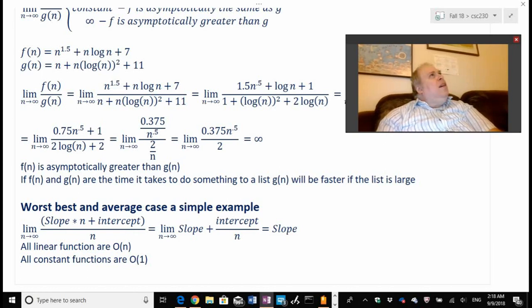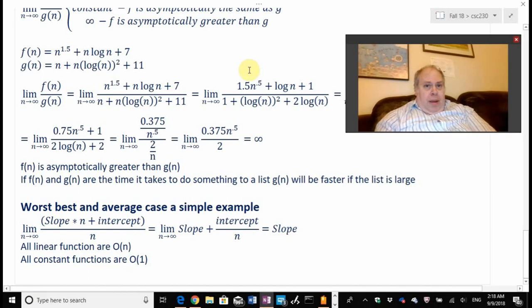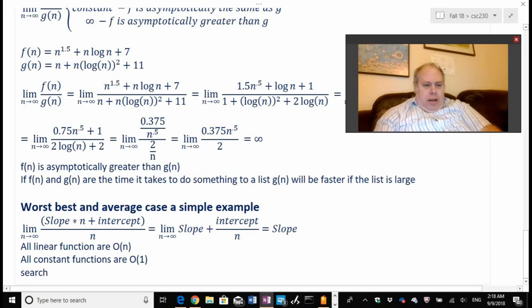It's not changing. So, the main thing here is, let's talk about a simple linked list, and let's talk about searching a linked list.